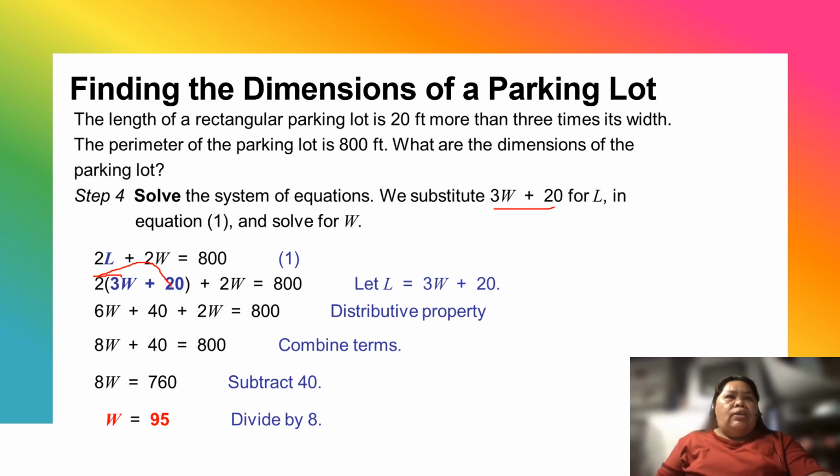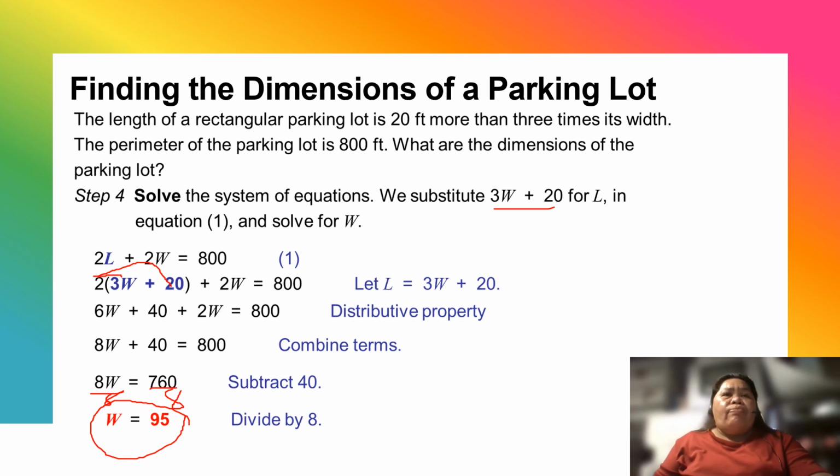We have 6W plus 40 plus 2W equals 800. So 6W plus 2W is 8W. Combine, and then subtract 40. So that means 8W equals 760. Divide both sides by 8. Therefore, your W is 95.